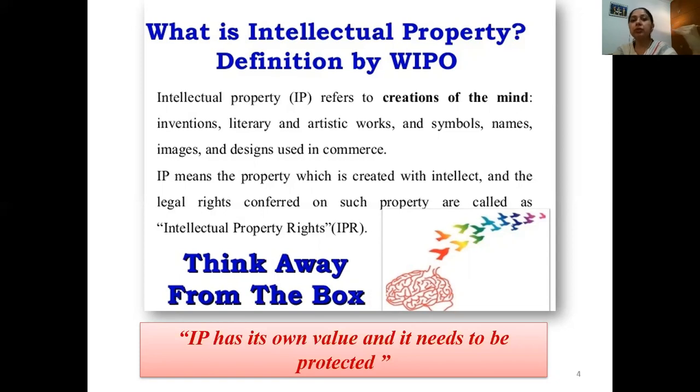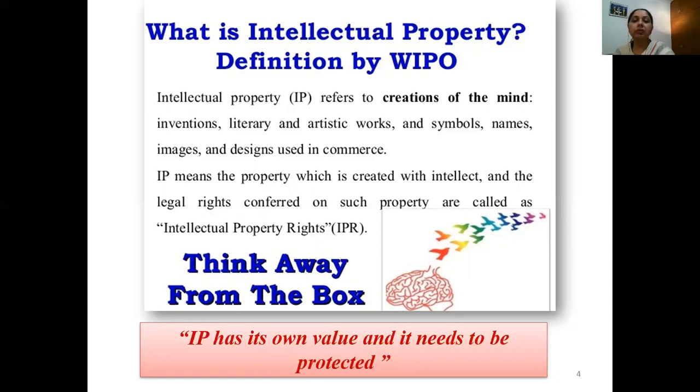Now, what is the definition of intellectual property, or in short, IP? Intellectual property or IP refers to creations of the mind: inventions, literary and artistic work, symbols, names, images, designs.